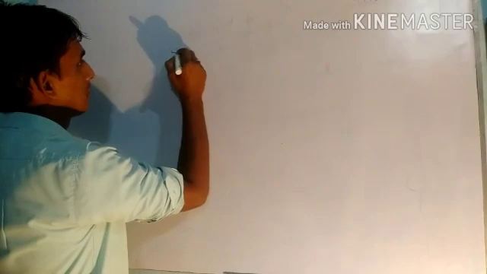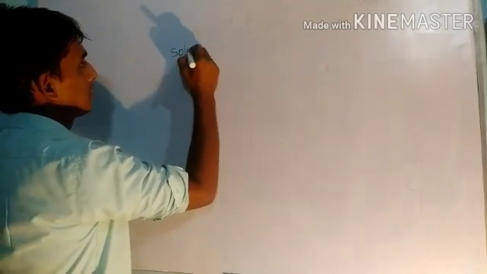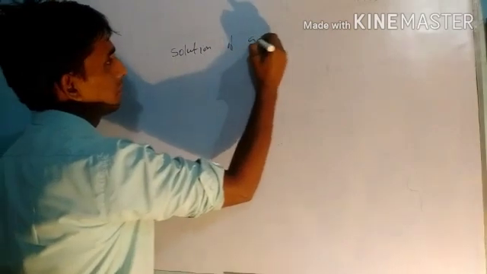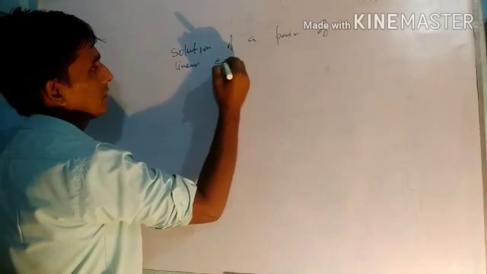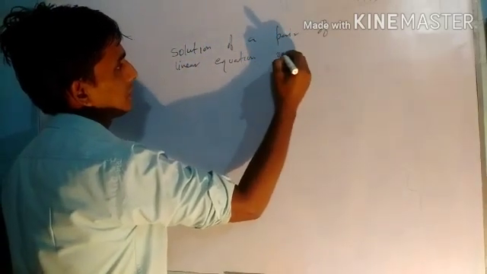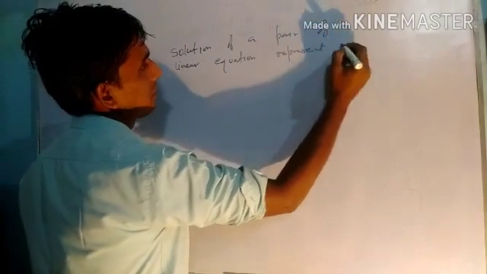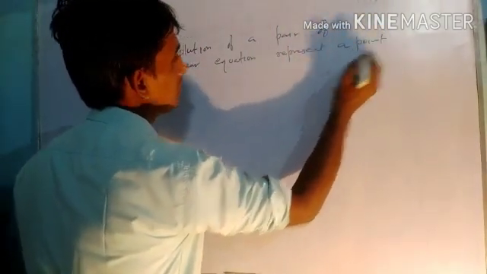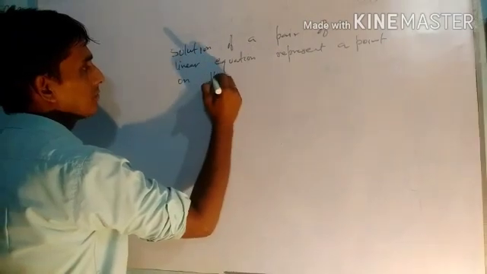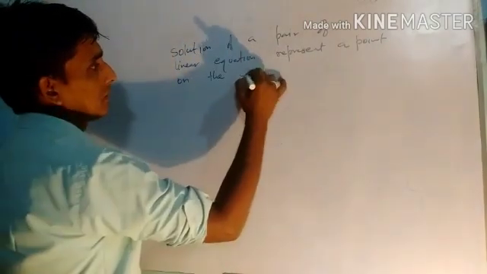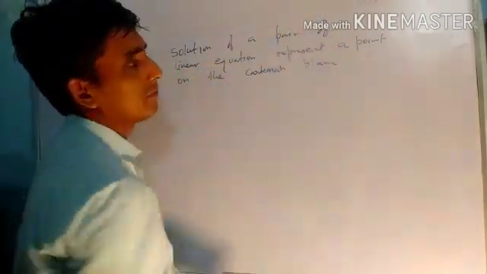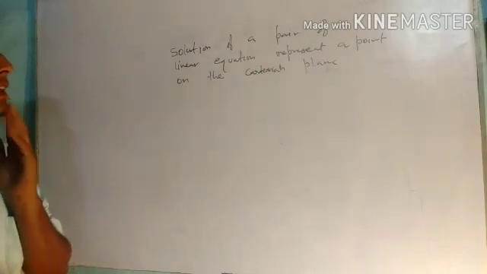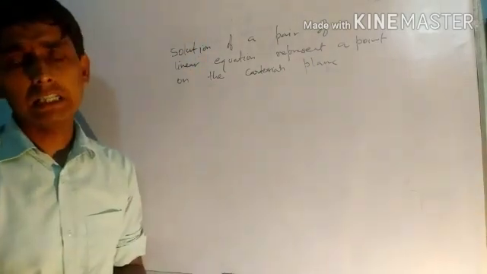You know, the solution of a pair of linear equations represents a point on the Cartesian plane. Solution of a pair of linear equations represents a point on the Cartesian plane.